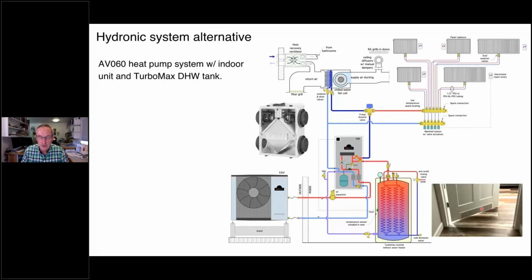And these grills are designed to allow air to flow through when the door is closed, but they also suppress light transmission and sound transmission. So the idea is you don't have to have a return ducting system. Even with the doors closed, the air can flow through these grills.